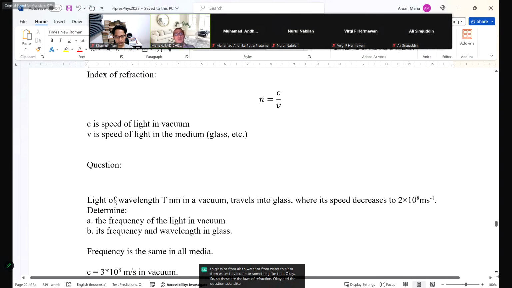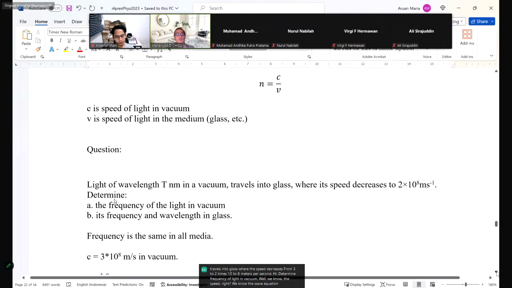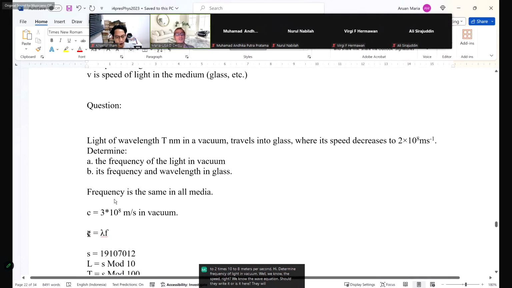light of wavelength T nanometers in vacuum travels into glass, where the speed decreases from 3 to 2 times 10 to the 8 meters per second, right? Determine the frequency of light in vacuum. Well, we know the speed, right? We know the wave equation. C, the speed of light, is equal to wavelength lambda times frequency f, right?